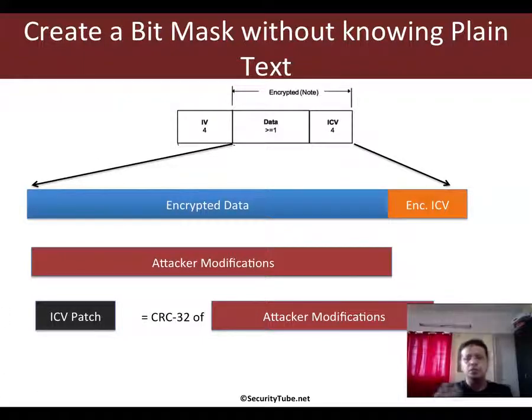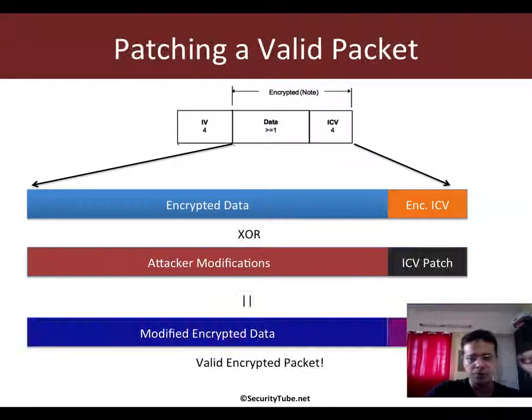So let's take a step back, and this is what we've done. We've taken a bit mask and we've calculated the CRC32 checksum for that bit mask, right? And what we now want to do is XOR the encrypted packet with our bit mask and the ICV we calculated for that bit mask.